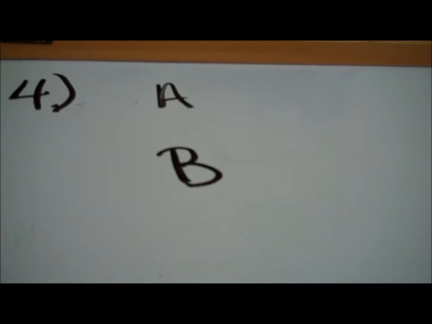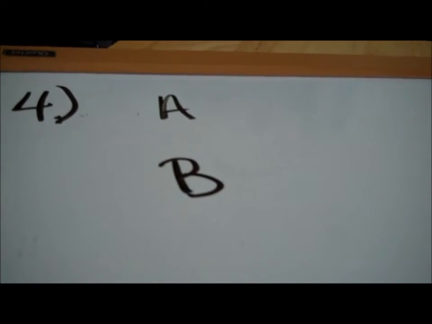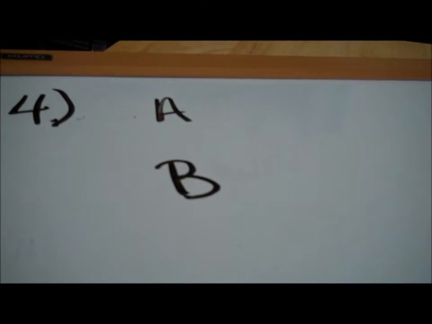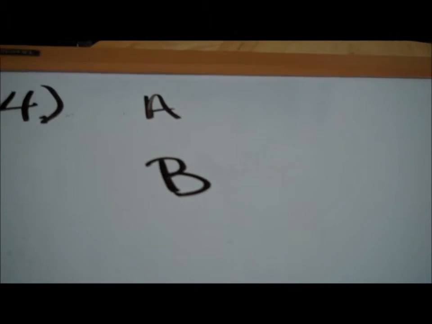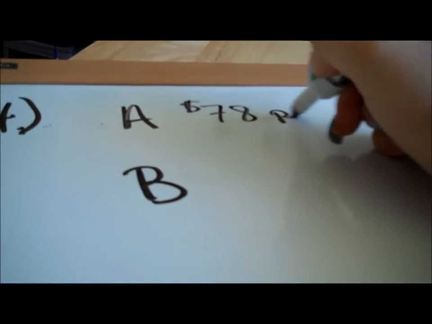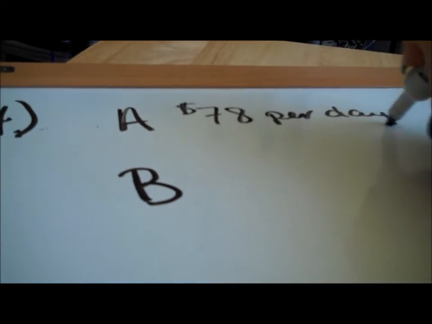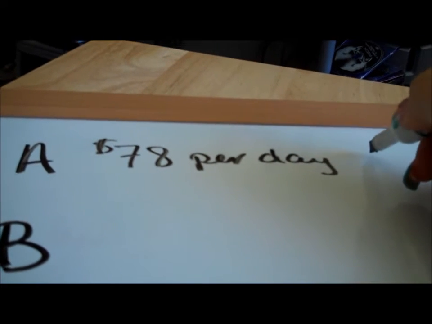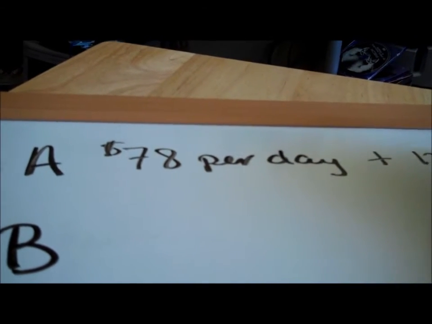Problem number 4 has to do with the truck rental company. There are 2 different truck rental companies that we're going to be talking about. So it says that one rental plan is $78 per day. Okay. It says then plus 12 cents per mile.